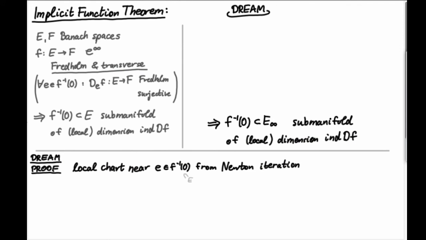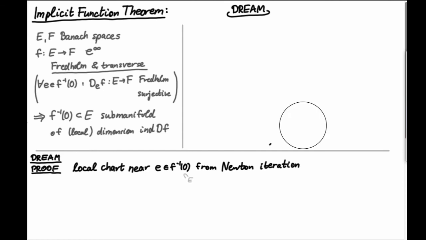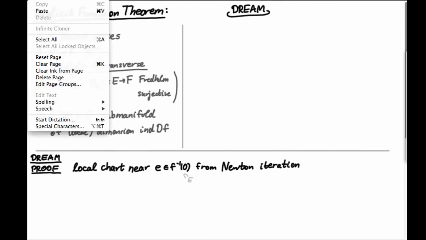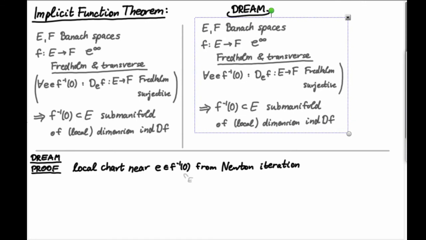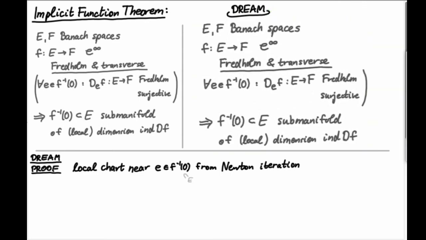So here's a dream. I would like awfully to take the implicit function theorem in Banach spaces, which is exactly this one. Oops. And make a copy of it, and apply my previous sort of cooking recipe of just putting SC in front of all occurrences of Banach spaces.